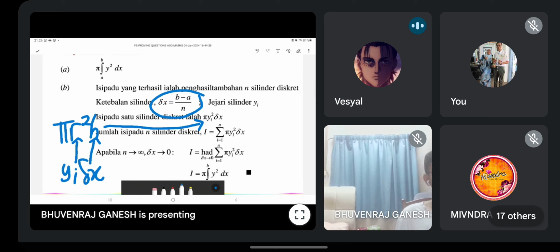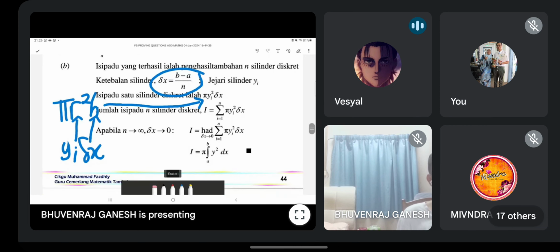So here we do sigma from i equals 1 to n of pi yi squared delta x. This is to find the total number of cylinders and their volume. Once we take the limit as delta x approaches 0, we get our formula.